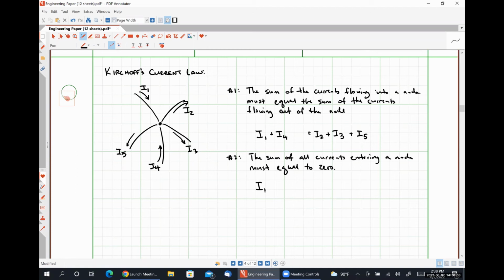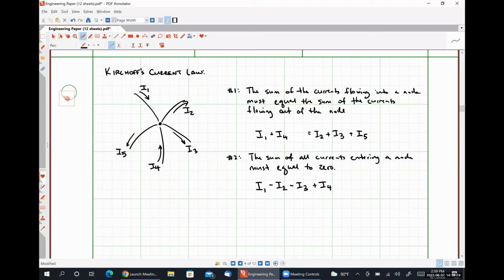Since I2 is flowing out, a current of negative I2 is flowing in, so we have minus I2. A current of negative I3 is entering the node, so minus I3. A current of positive I4 is entering the node, so we have plus I4.